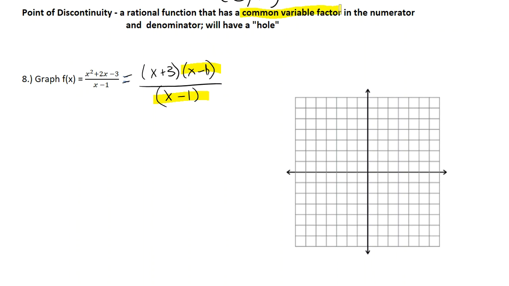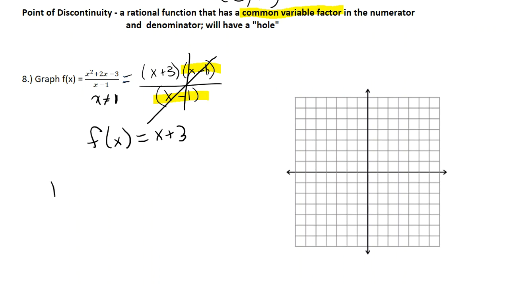That's what it means by common factor. And they cancel each other out. So f of x reduces to x plus 3. But as we know in the original, you can't have x be 1 because the 0 would be in the denominator.